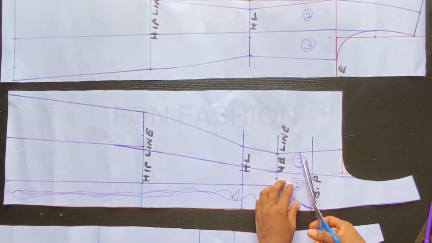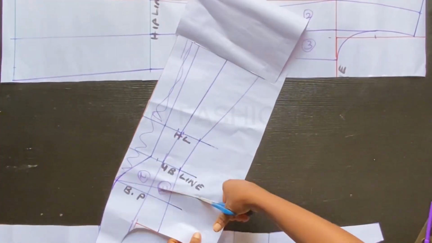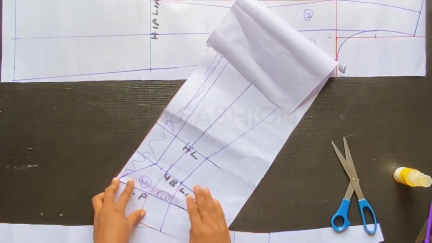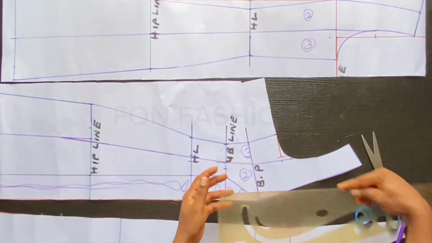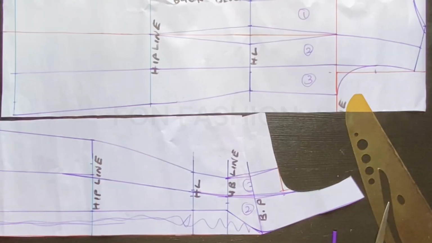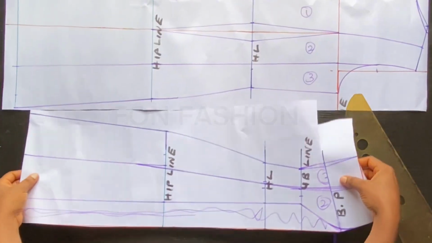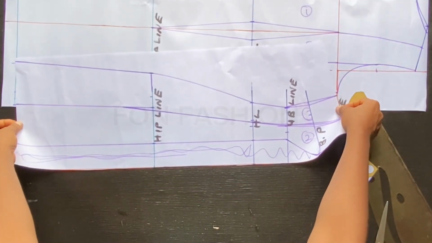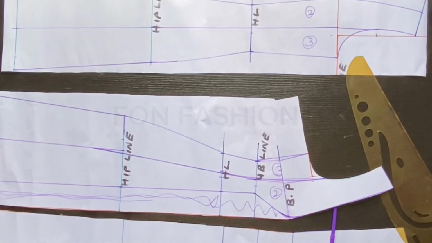I want to close up the side dart. I'm going to be redrawing my lines. You will notice that as I have closed up this dart, the back length and the front length will now be equal. Okay, I'll cut.